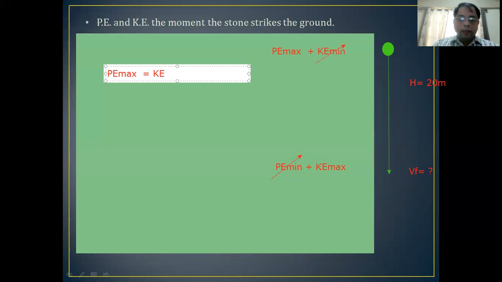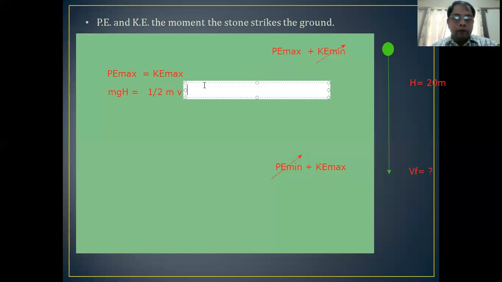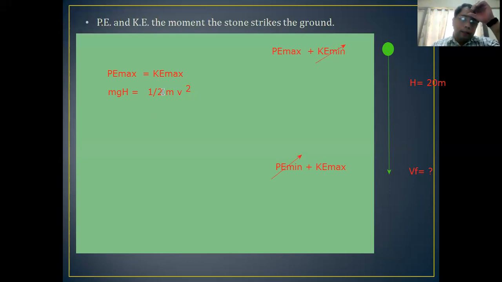And if they are equal, and if PE max is mgh while KE max is 1/2 mv squared, or vf squared, and therefore, if we solve for the value of vf squared, we can simply cross multiply our 1/2 to the other side.